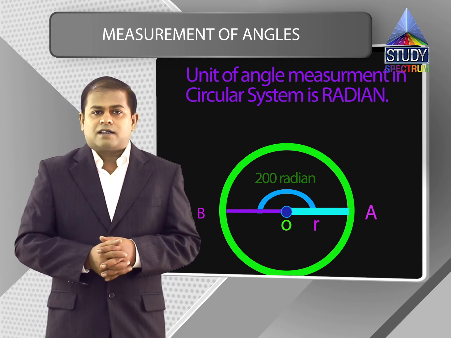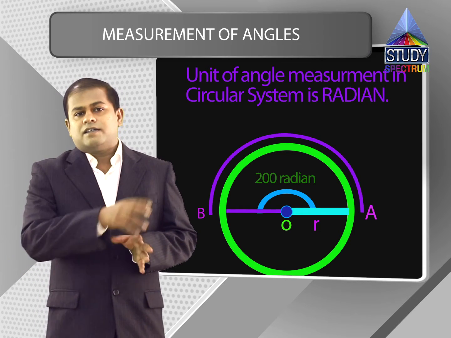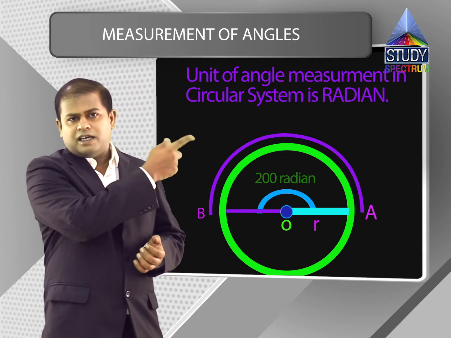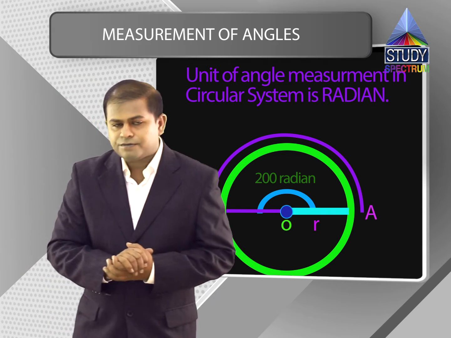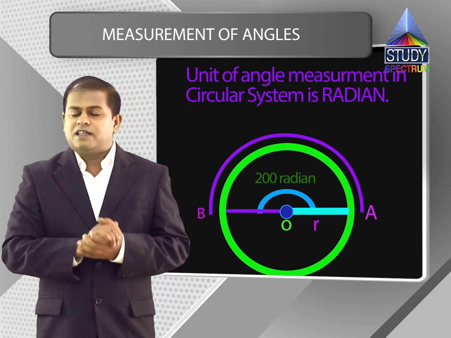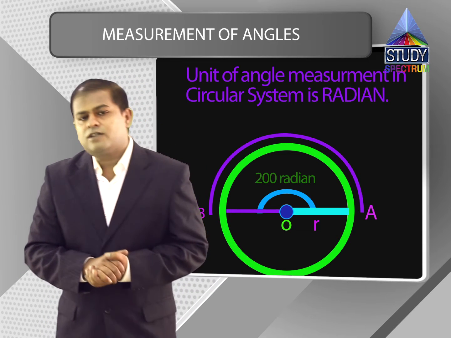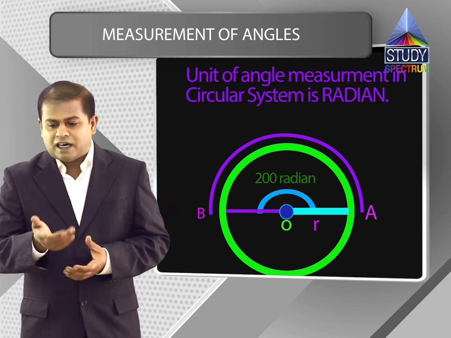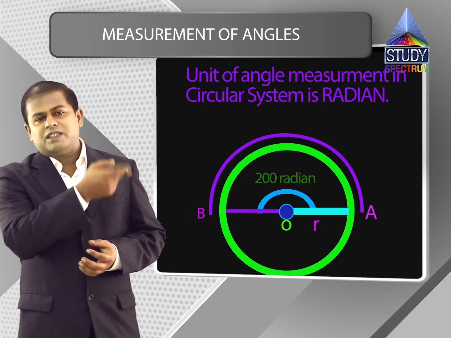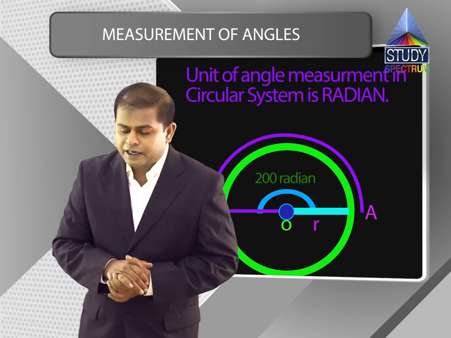Draw an arc of radius r intercepting the 2 arms of the straight angle at points A and B. This arc is a semicircle of radius r, right? And the length of a semicircle is half the circumference of the corresponding circle. So the length of the semicircle is pi r.